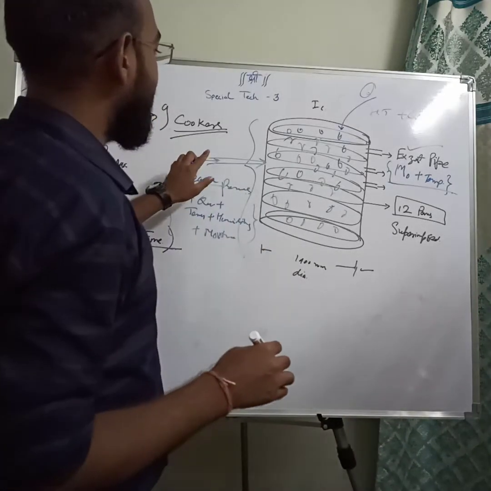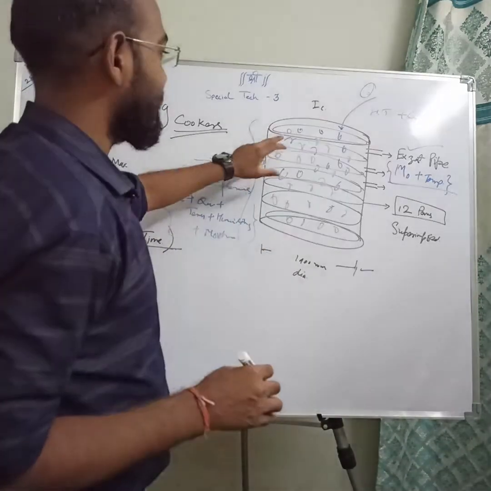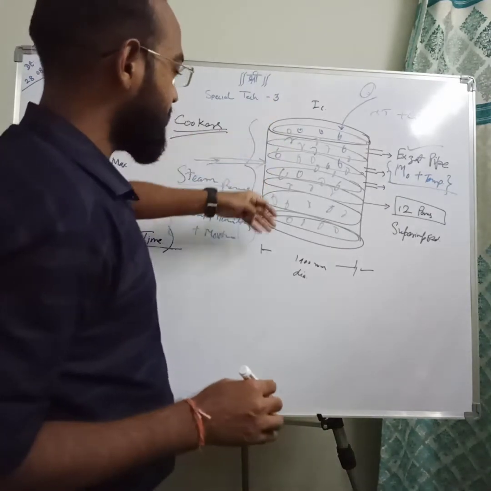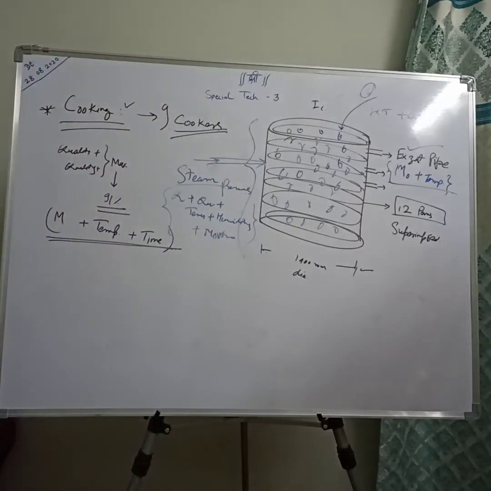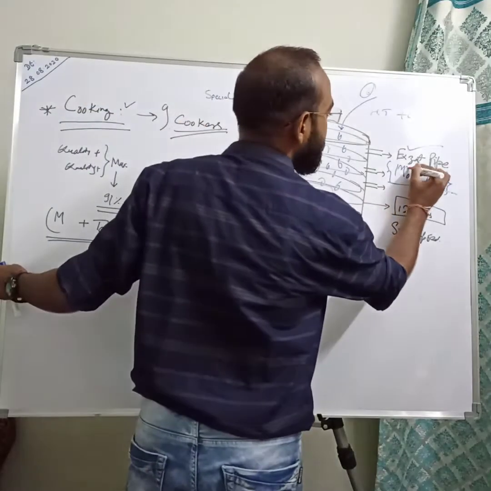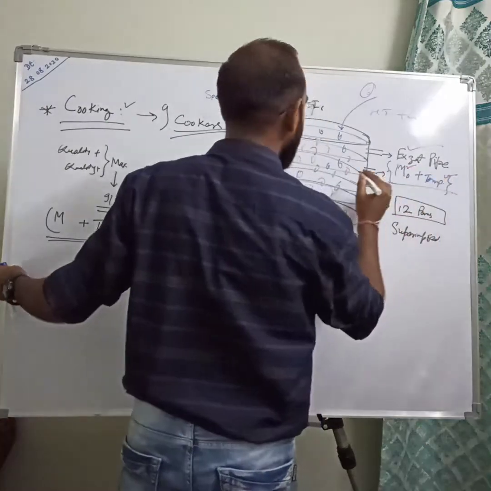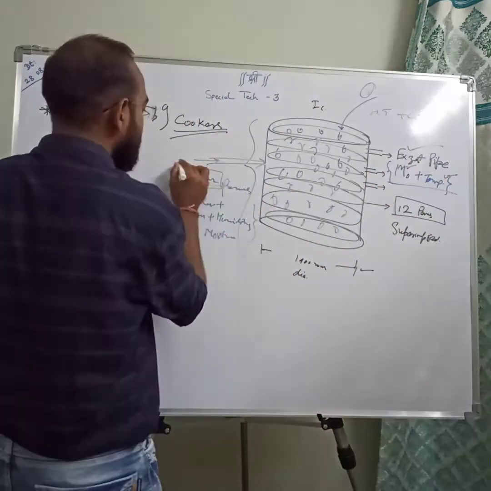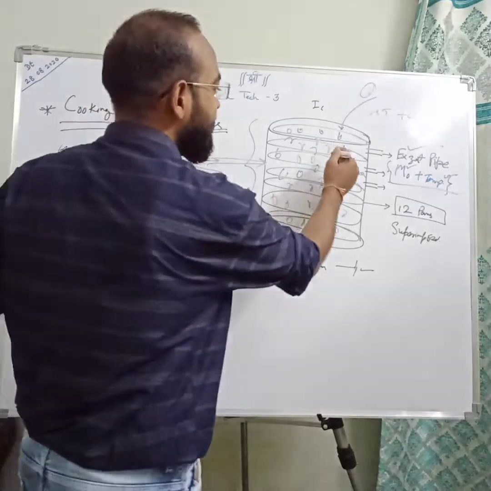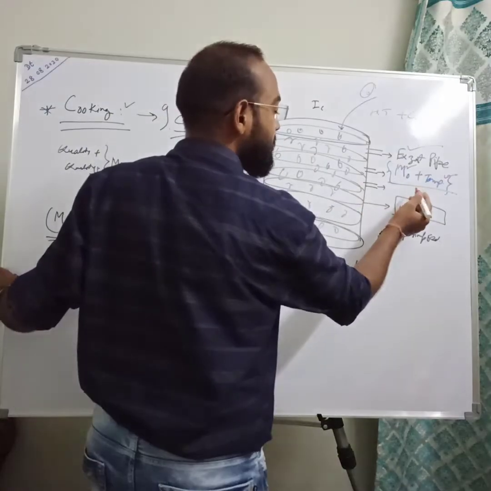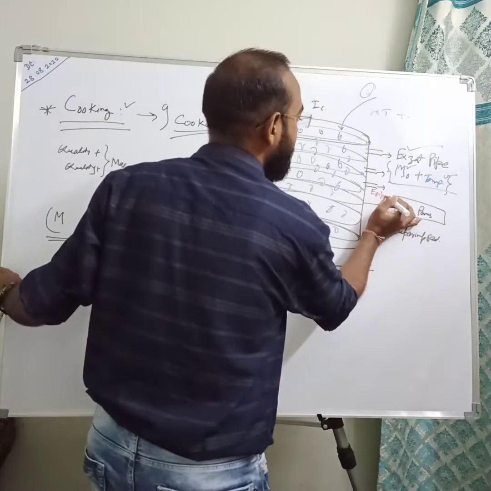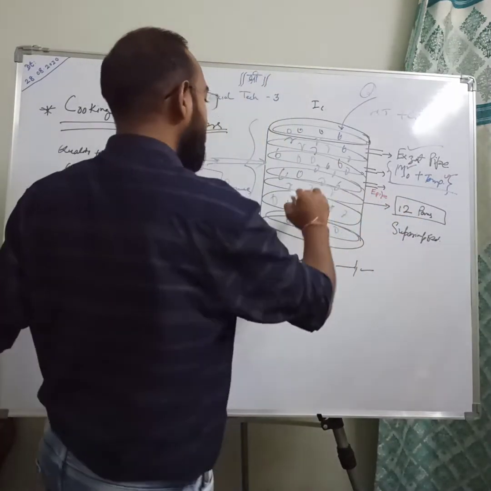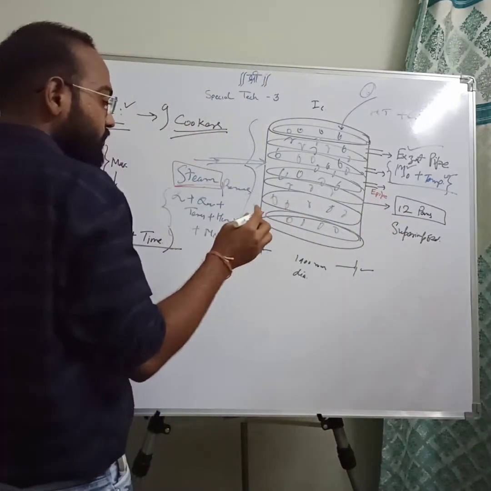So by means of steam we are able to increase the temperature of these seeds side by side. The humidity of steam is also set, so we are able to maintain moisture content. So both temperature and moisture are handled by our steam pass. If there is a surplus amount of steam, a surplus of temperature and moisture, we use this exhaust pipe to remove it from our seeds.